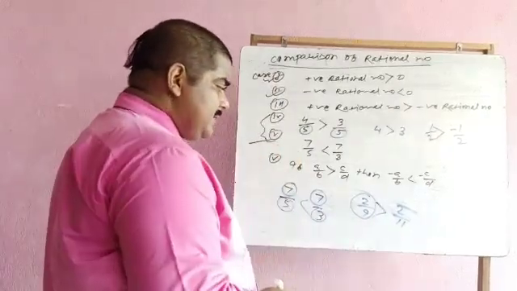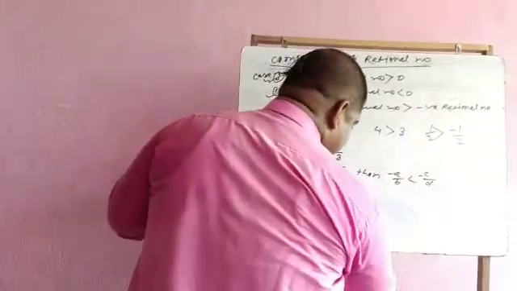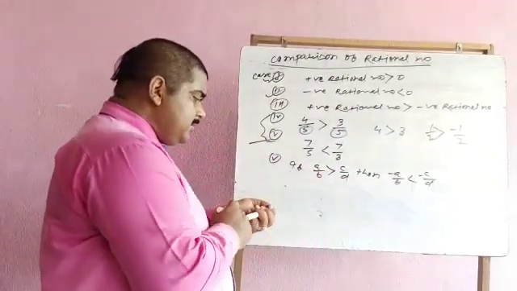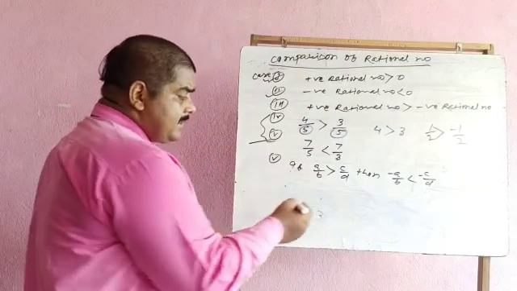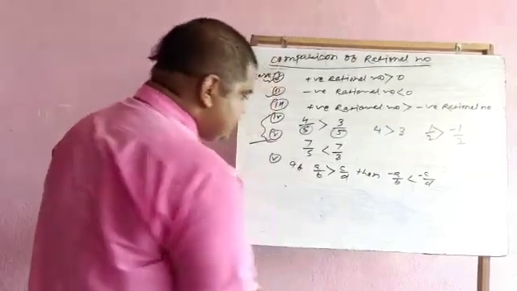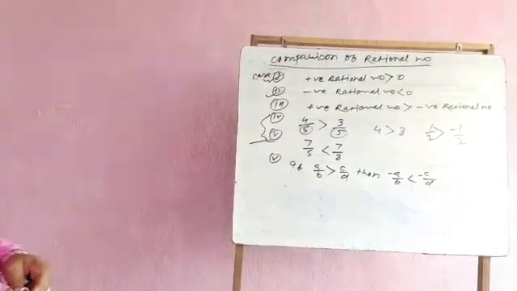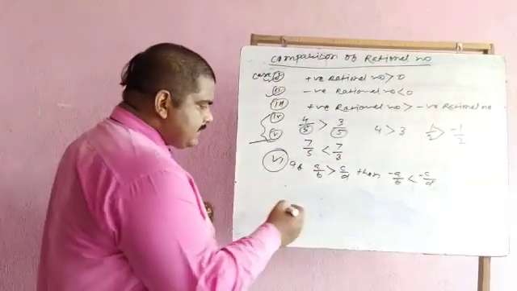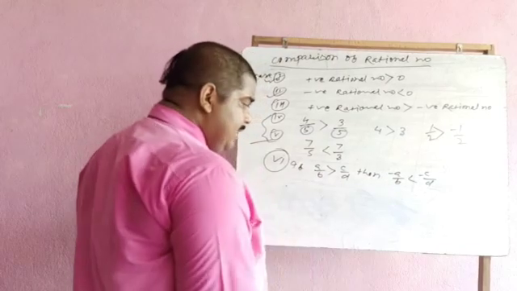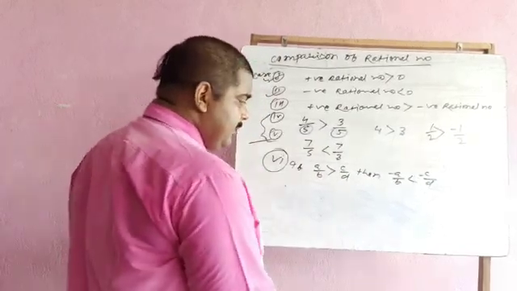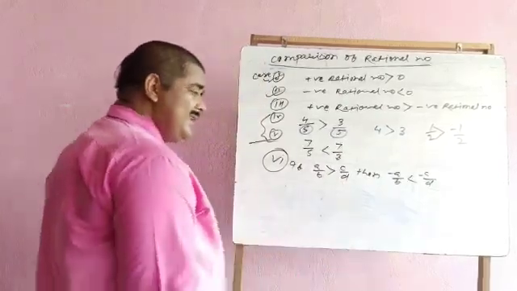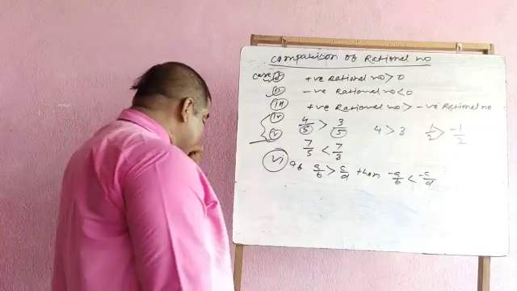The last rule is: if A upon B is greater than C upon D, then, my dear, if you convert into negative, the greater positive becomes smaller than the smaller one.